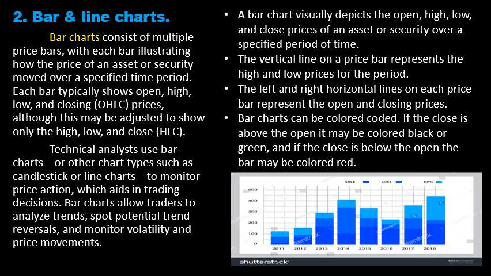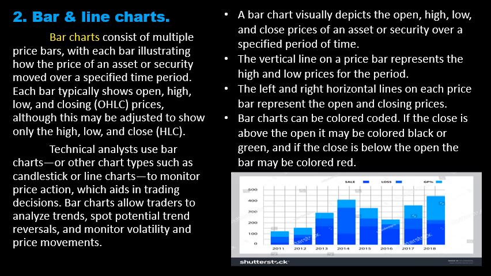So through the bar chart you can study the open price, high price, closing price and low price of the securities. That is how the bar chart helps an investor. Technical analysts use bar charts or other chart types such as candlestick or line charts to monitor price action, which aids trading decisions.